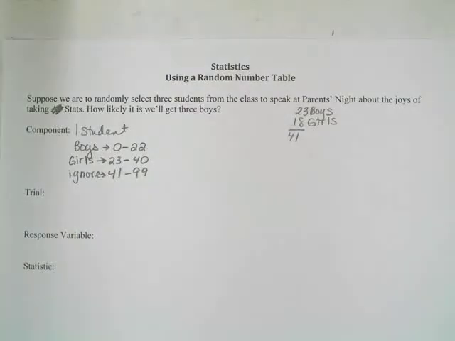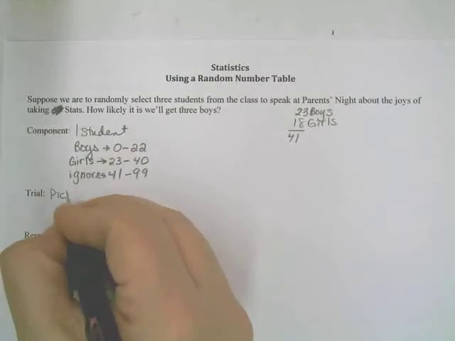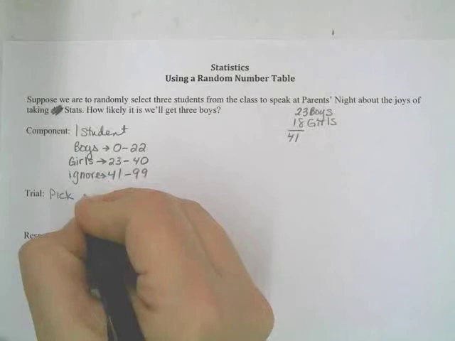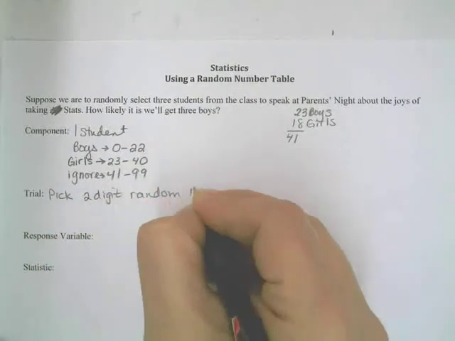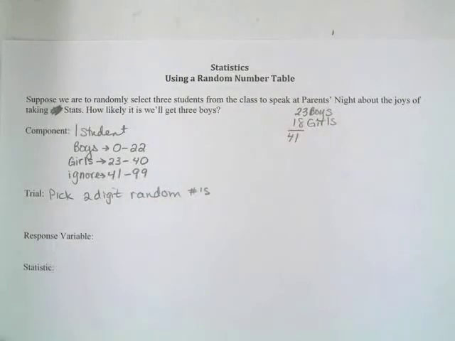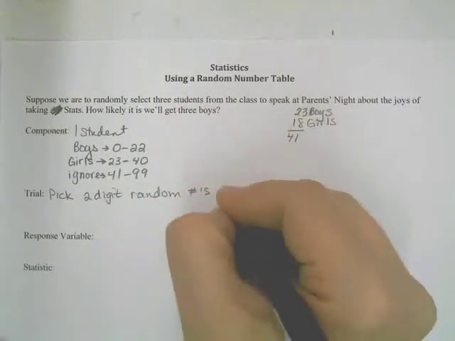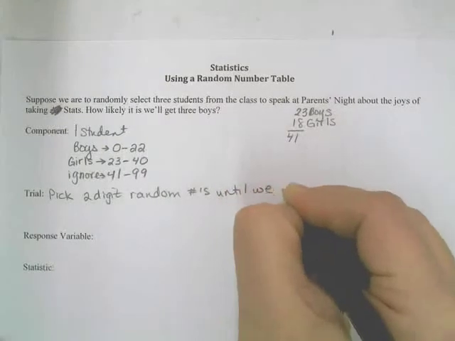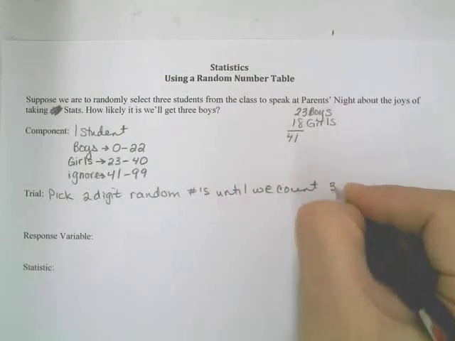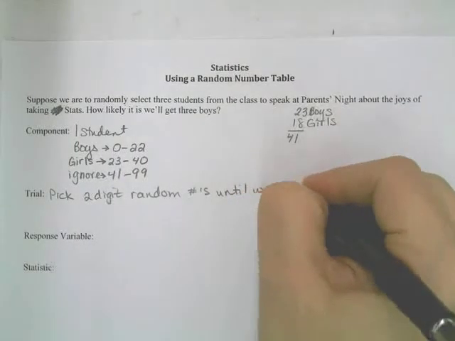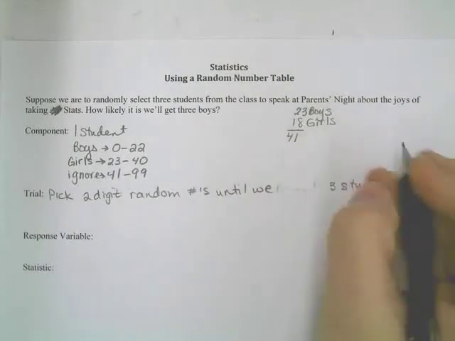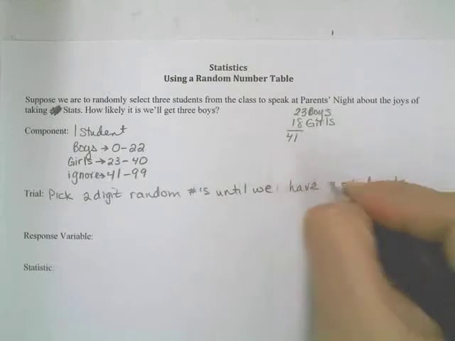Okay, so the trial is we're going to pick random digit numbers, and because we have 2-digit numbers, we're going to pick 2-digit random numbers until we have 3 students.